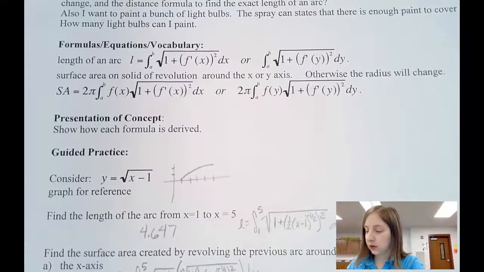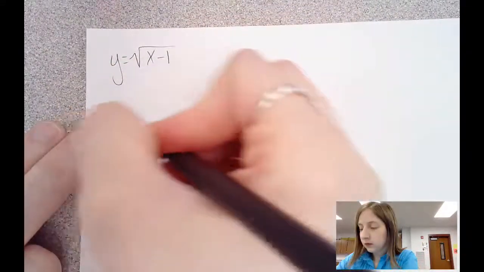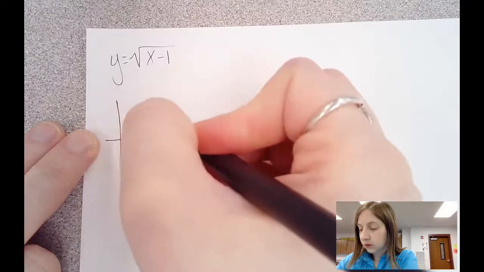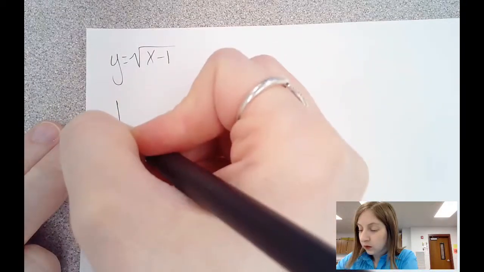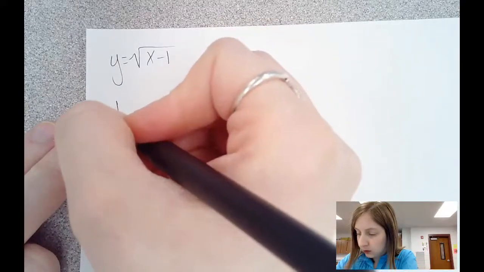I'm going to put this on another paper so you can follow along as I go. So we're looking at y equals the square root of x minus 1. So it means it's been shifted to the right one. It's a square root function.